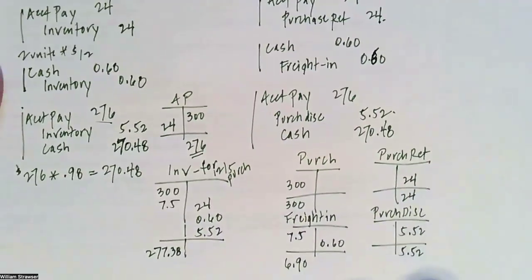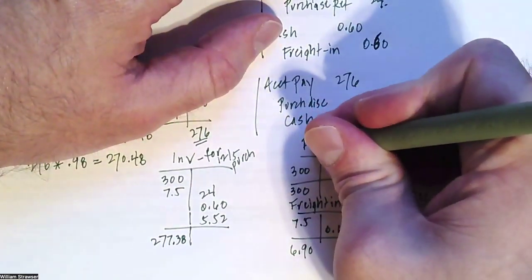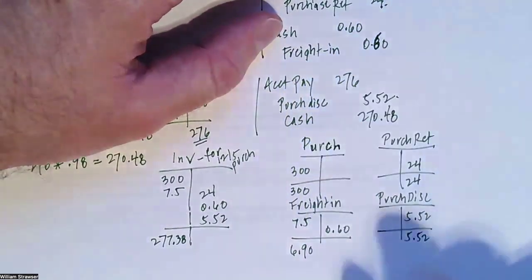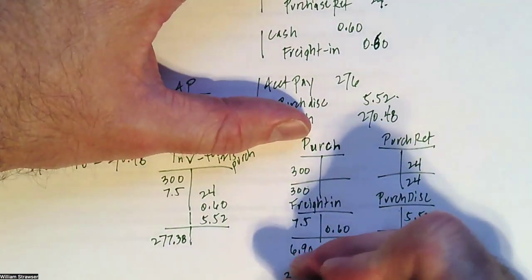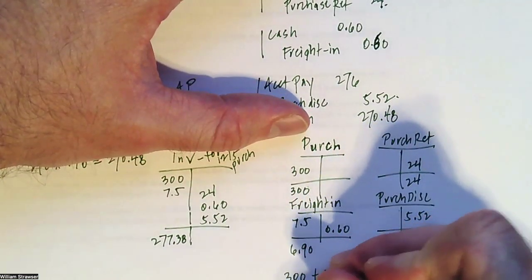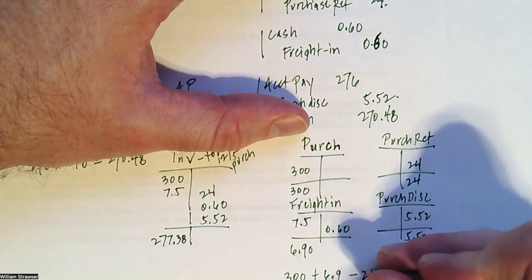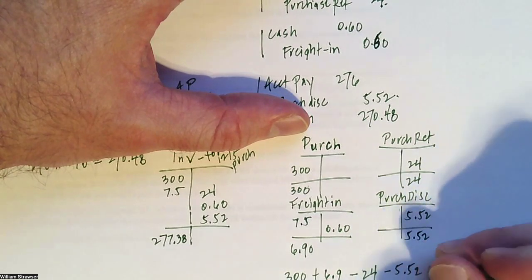And now if I'm trying to find net purchases this way, remember, net purchases in a periodic system just follow adjunct and contra rules. Take 300, add 6.30, subtract, because these are my contra accounts, my contra assets, 24 and 5.52.